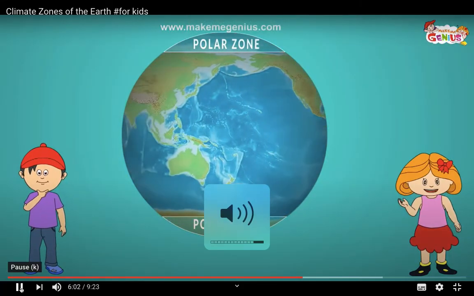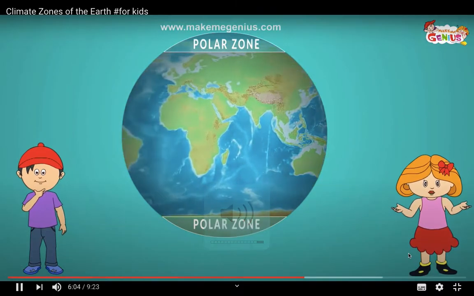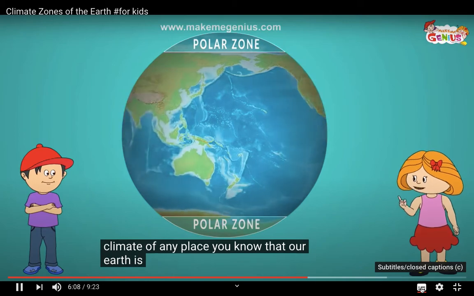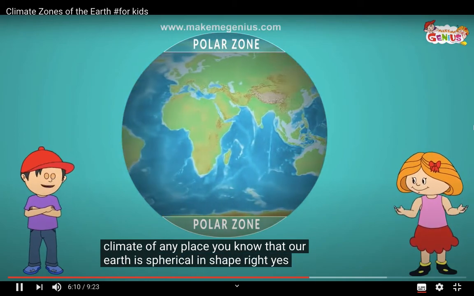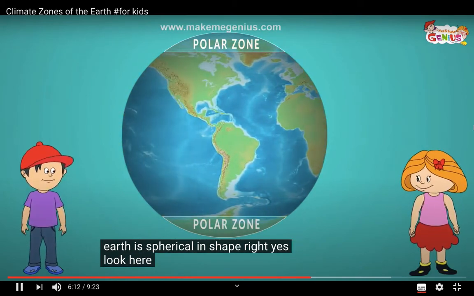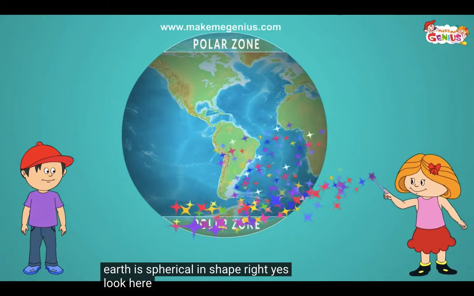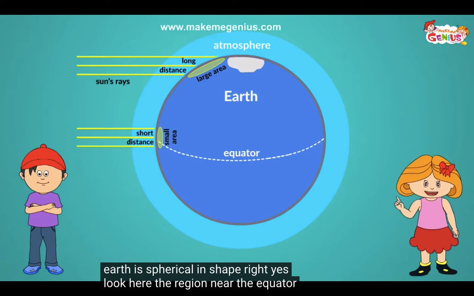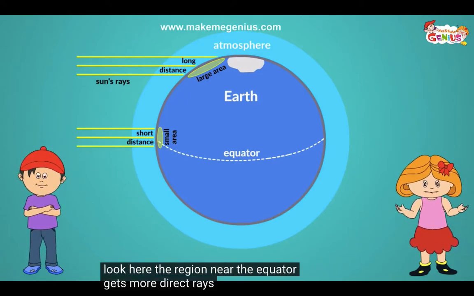Question. Sun rays play a very important role in the climate of any place. You know that our earth is spherical in shape, right? Yes. Look here. The region near the equator gets more direct rays of sun.